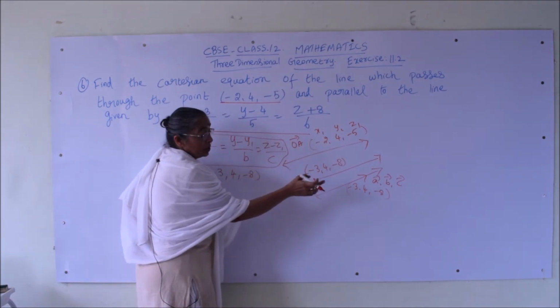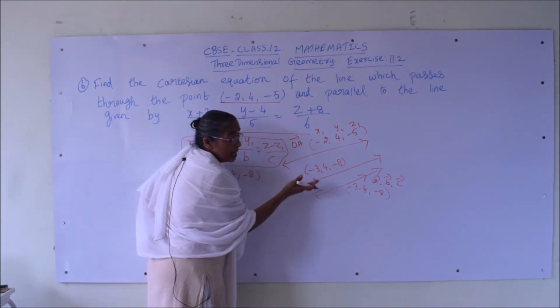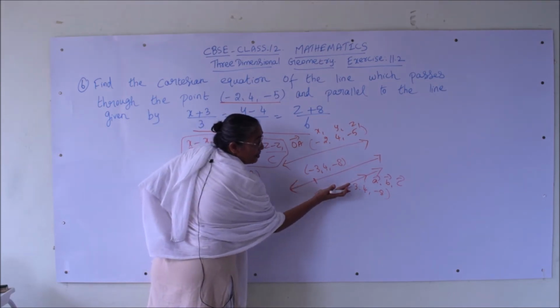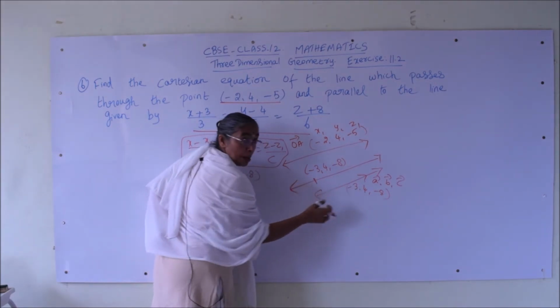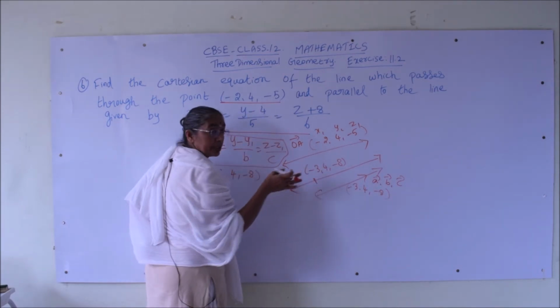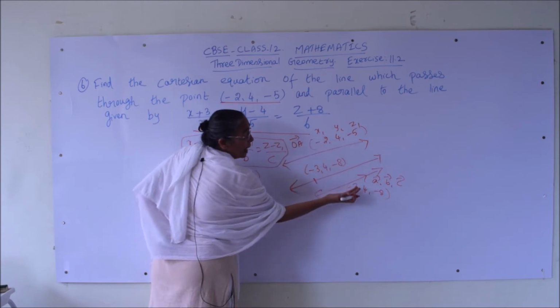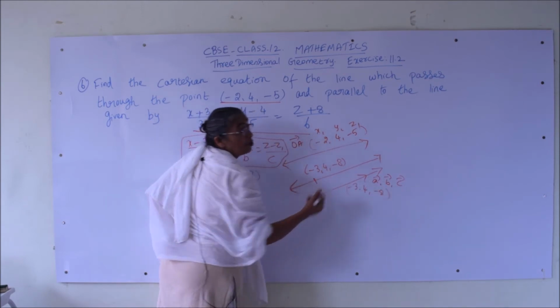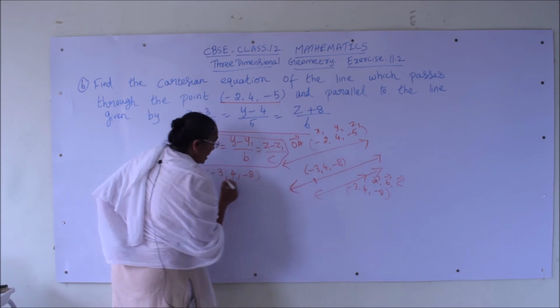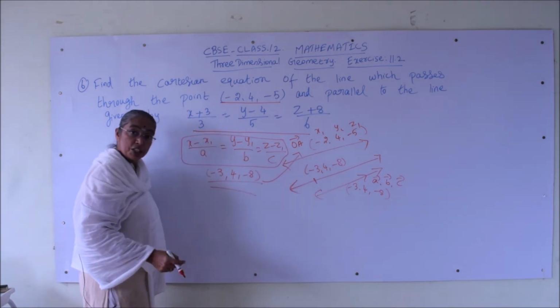So our required line is parallel to this line, and this line is having the DRs minus 3, 4, minus 8. So that means our required line has parallel DRs as minus 3, 4, minus 8. These DRs can be used to find the equation of our required straight line.